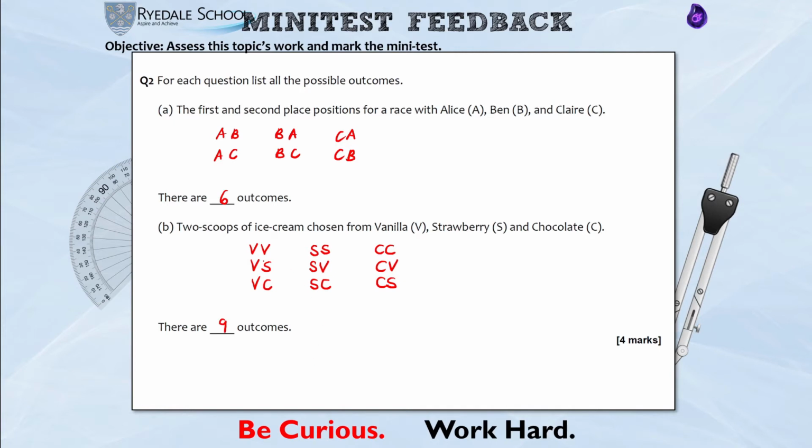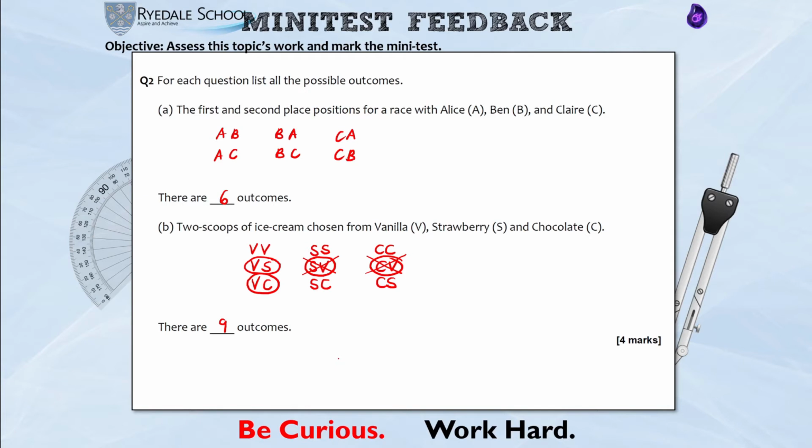However, we might then get into the argument that a vanilla and a strawberry ice cream is the same as a strawberry and a vanilla ice cream. And we might argue that a vanilla and a chocolate ice cream is the same as a chocolate and vanilla ice cream.